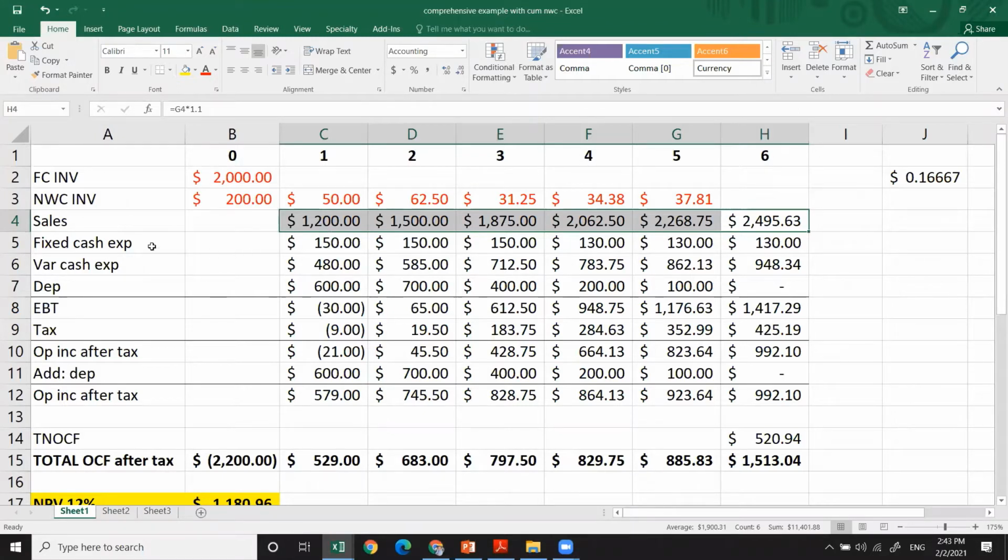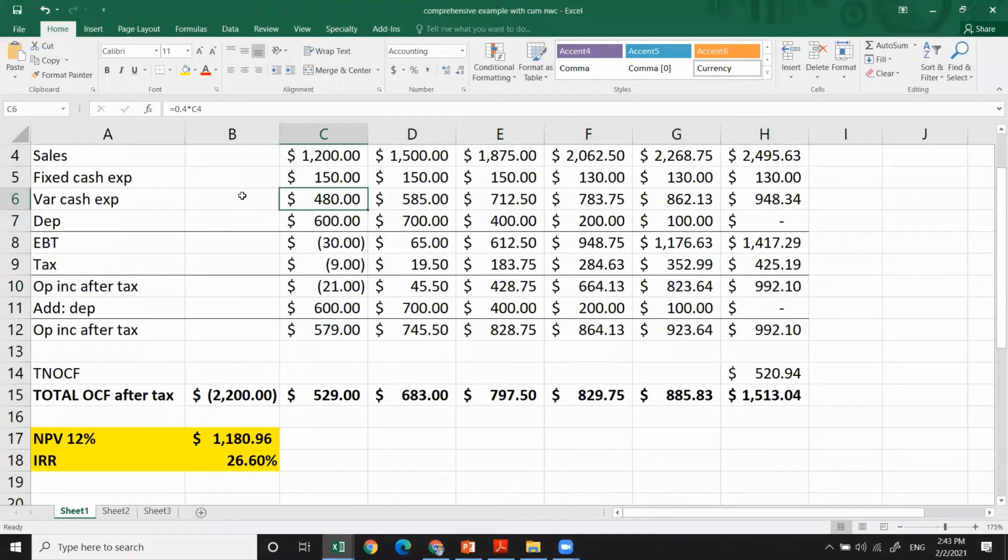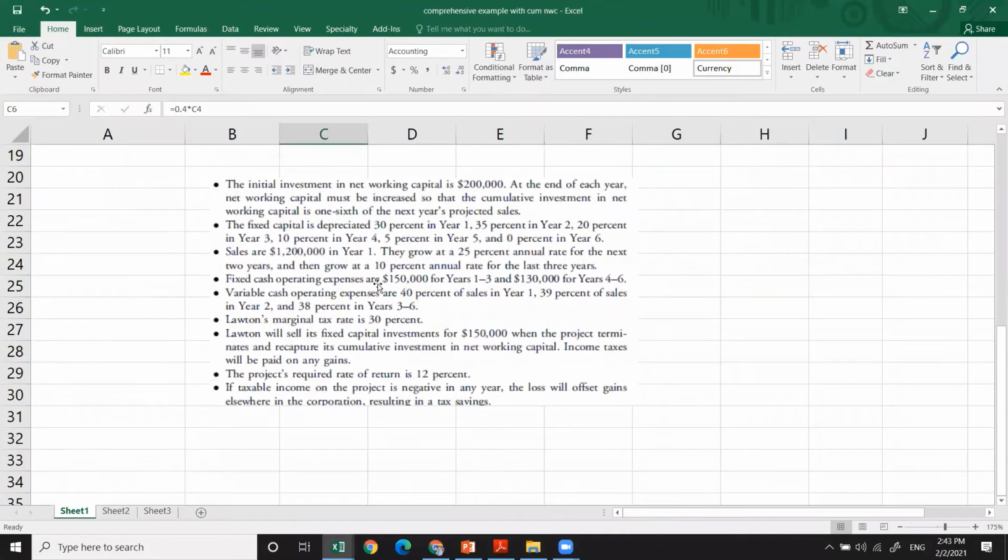Fixed cash expense and variable cash expense are estimated. The fixed one doesn't change; it gives you the numbers directly. And variable cash expense, it tells you in percentage, like 40% of the sales in year one, 39%, and you just apply these numbers. Just straightforward.